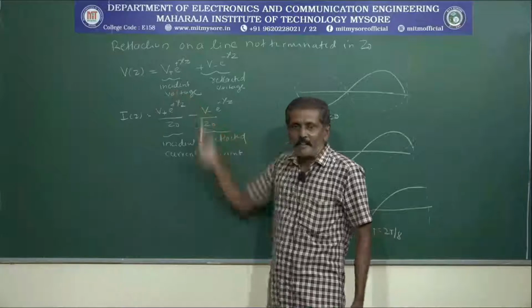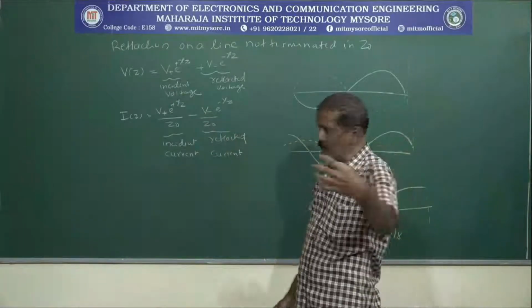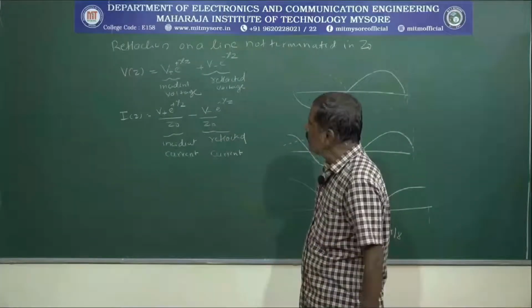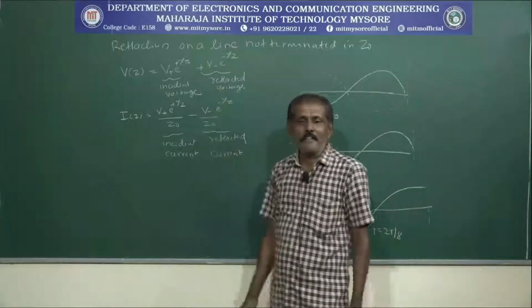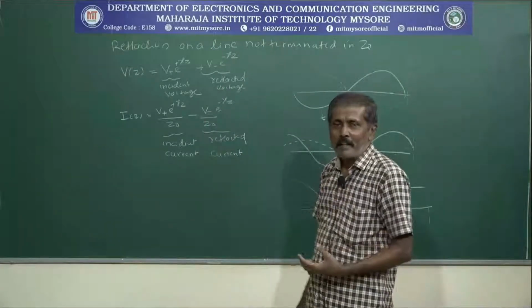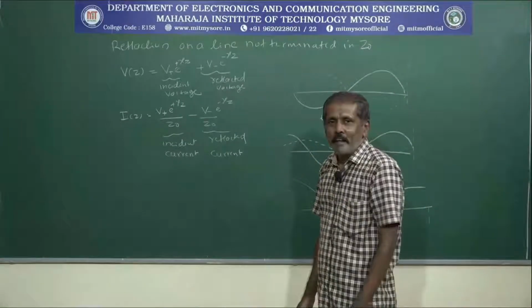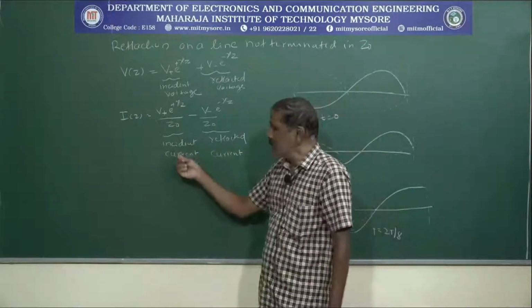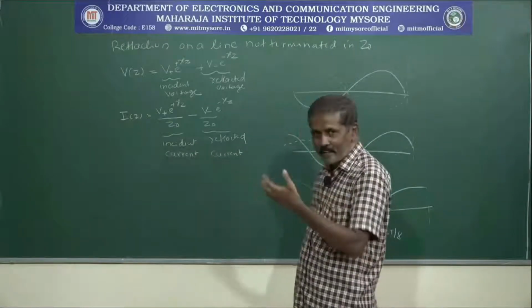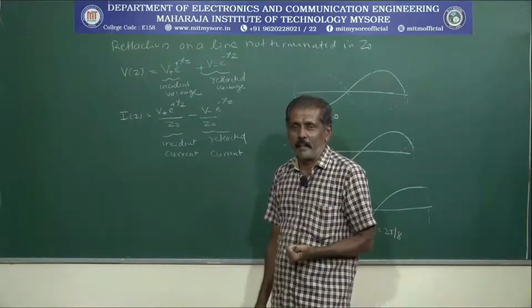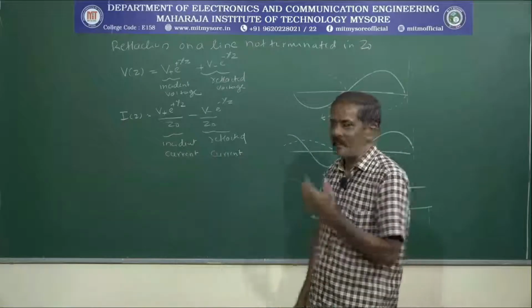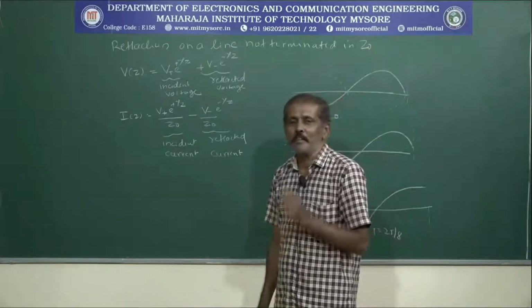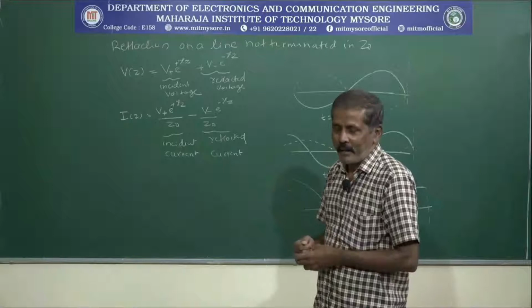The incident voltage is the voltage which you apply at the transmitting end, and the reflected voltage is the voltage which is reflected back from the receiving end to the sending end. Similarly, the incident current is the current at the input, transmitting end, and the reflected current is the current reflected from the receiving end.